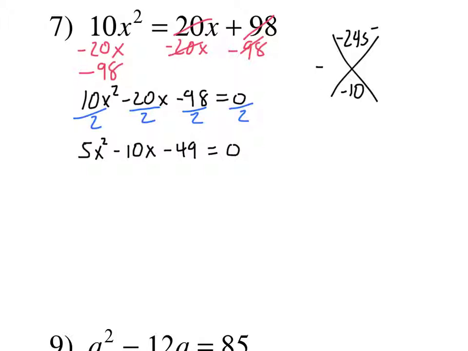So we can have 35 times 7. Even if one of them is negative, that still doesn't give us negative 10. Is there anything else that goes into 245? No, because 5 times 7 times 7 are all prime numbers.